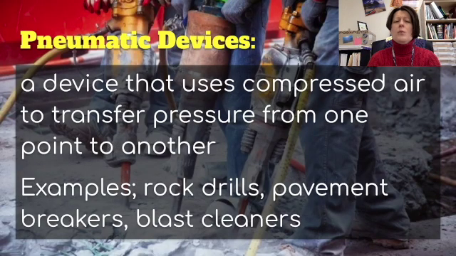Now, and I don't know why they really threw this in this chapter, but they also mention pneumatic devices. This is a device that uses compressed air to transfer pressure from one point to another. Some examples, we have jackhammers back there. Some examples are rock drills, pavement breakers, blast cleaners.